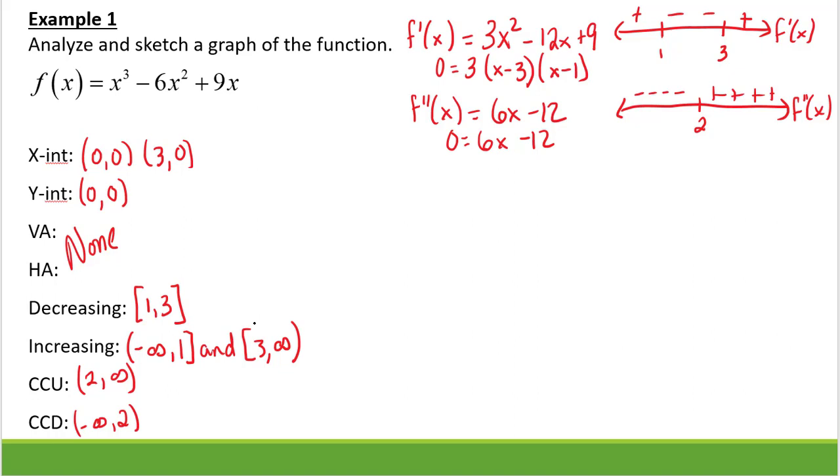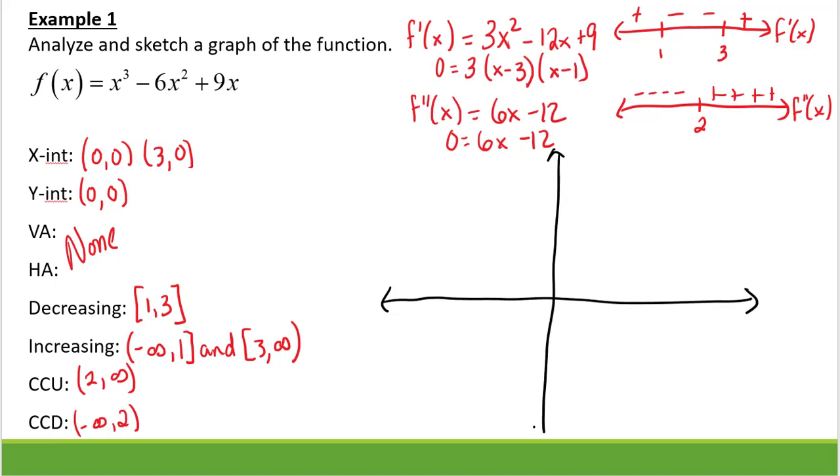Now it's a matter of sketching our graph. And what I need to sketch the graph is I'm going to put in some numbers here. So I am going to find some values. I know there's a (0, 0). I know that there is a (3, 0).